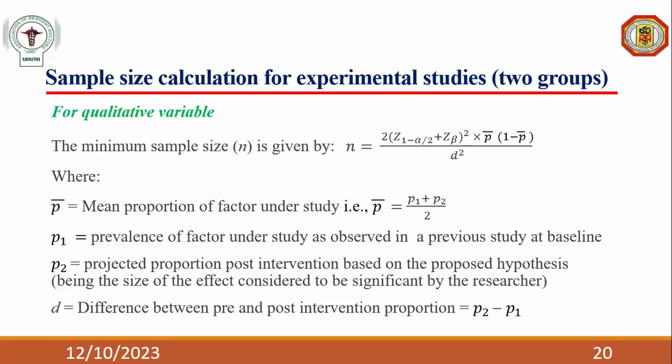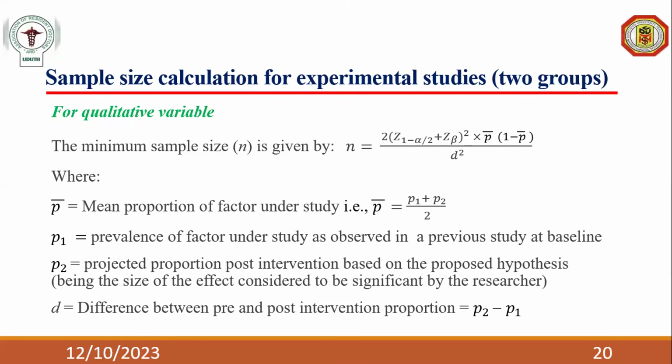So if you have P1, which is the prevalence of the factor, let's say the prevalence of hypertension. Here, if you have two groups, group 1 and group 2. So P1 is the prevalence of the factor under study as observed in the previous study at baseline.